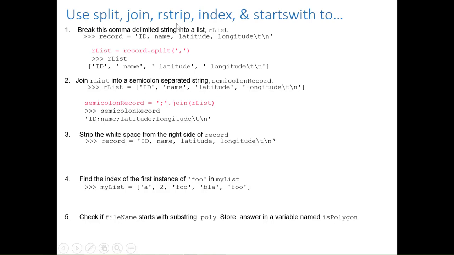That stands for right strip. And object.method, the object is record, so record.rstrip, and if we do that on the command line, we'll see that the return value from that looks like this. It's taken off the tab and the carriage return.